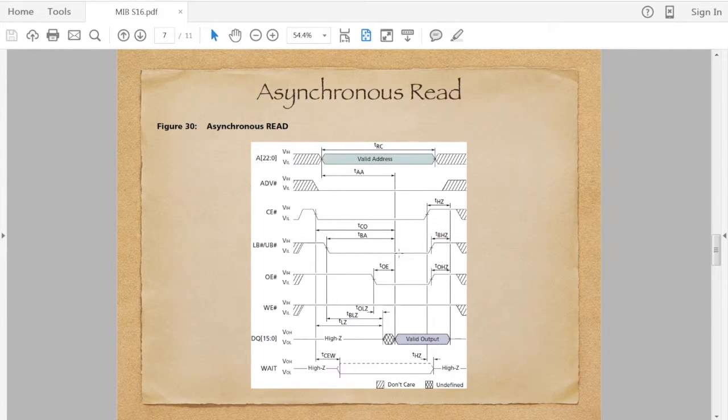So it's your responsibility, once you've waited the TRC on the top, so at least 85 nanoseconds, now you can assume that the data on the DQ bus represents the contents of the memory location you're reading. So what you want to do at that point in time is load that data into an internal register that you then make available to the processor.